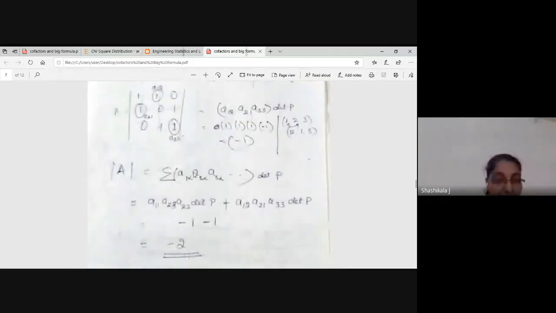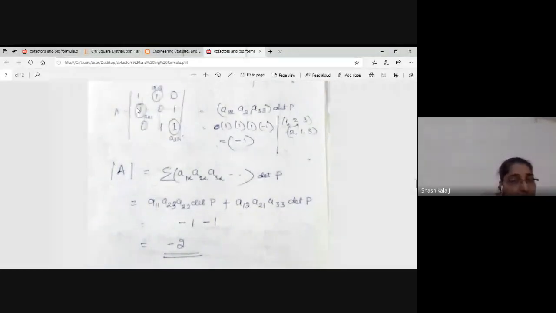Similarly, I am getting this. So the total determinant value is -1, -1. Will you still get any other combination? Because I have taken this value, the other combination is A12. Now I will take this one. What is this? A23. Yes. Then what am I supposed to take?